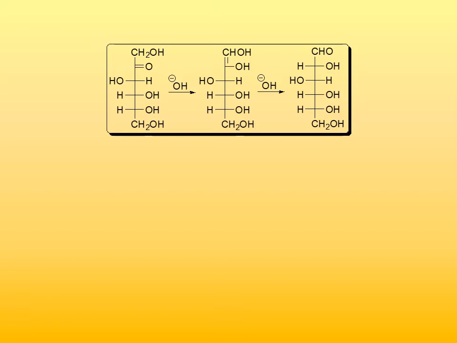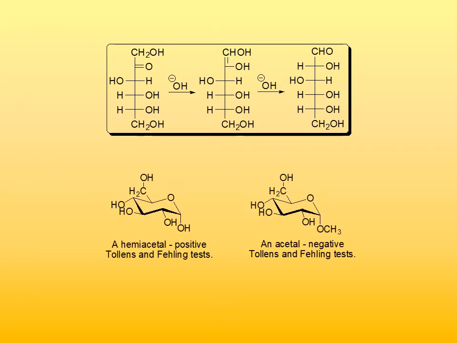And so, since both Tollens and Fehling reagents are basic, a ketose under reaction conditions is going to isomerize to an aldose, and then the aldose in turn will be oxidized or give a positive test. And therefore, a ketose will also give a positive test for reducing sugar. And so ketoses are reducing sugars. The only way to prevent the test from being positive is to convert the carbohydrate into a corresponding glucoside.